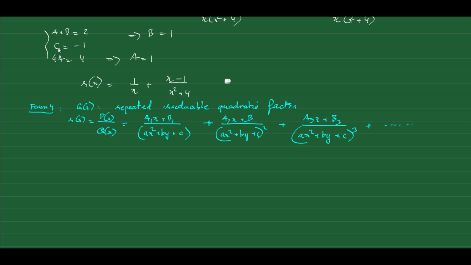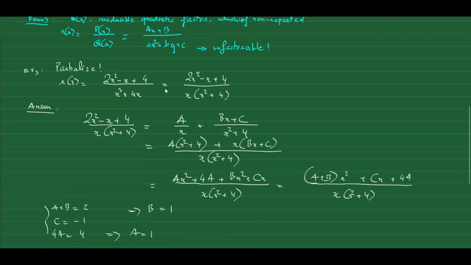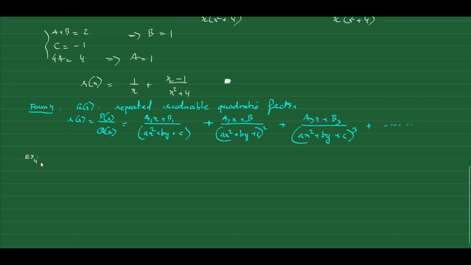Alright, for example, I have something like this. Example 4. Whenever I have a rational expression like this, we have x to the 5th minus 3x squared plus 12x minus 1 over x to the 3rd.